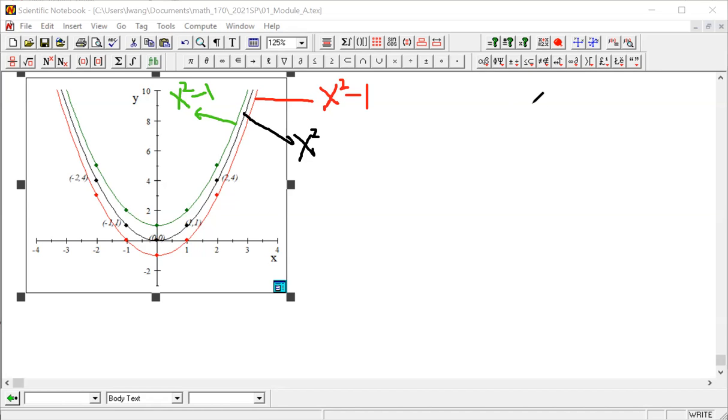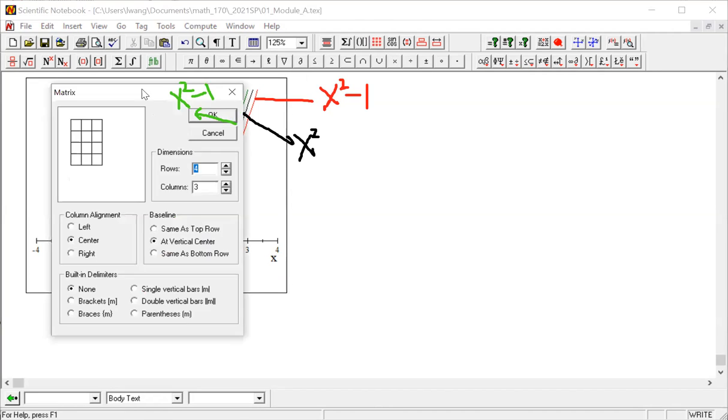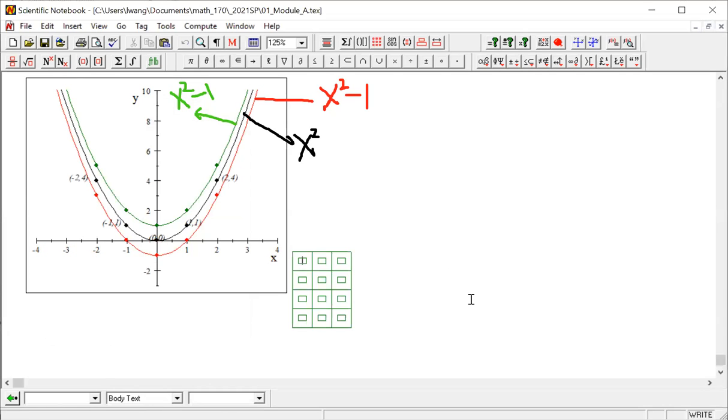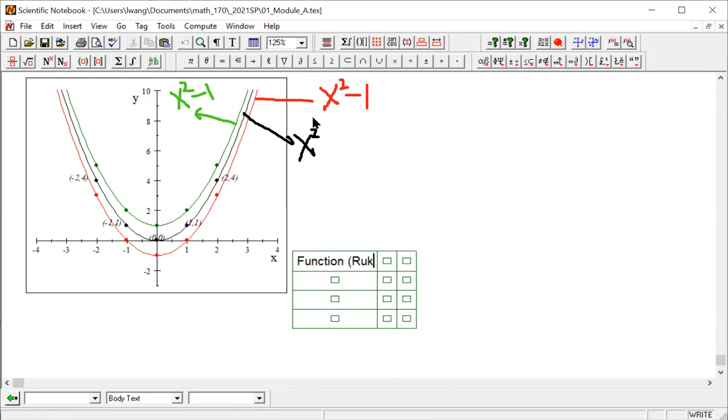Okay, now let's look at domain and range. The first row will be function or rule. One of the rules, of course, is we still have x squared.